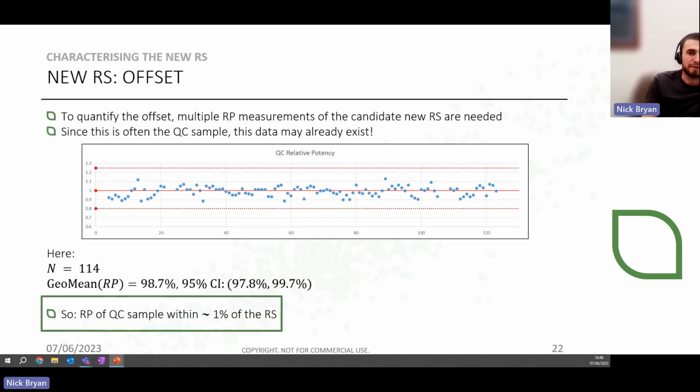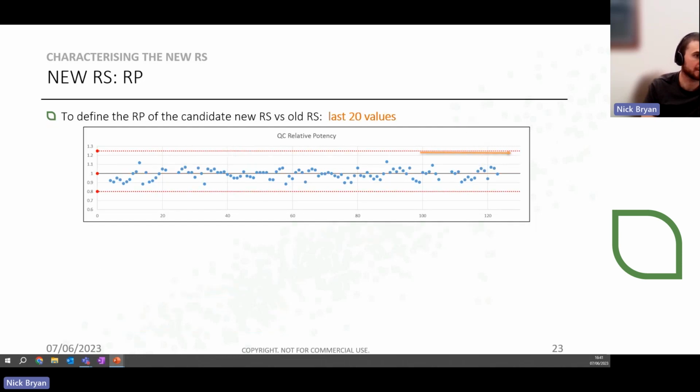To give us an idea of how much data we might need to collect in order to conduct our reference standard qualification study, we'll have a look at just the last 20 values.